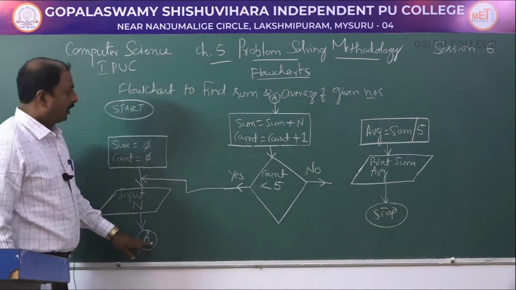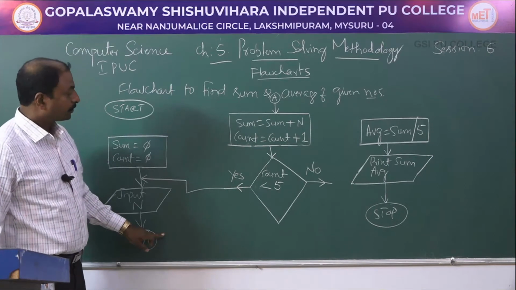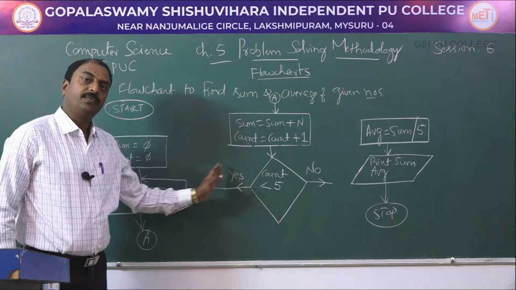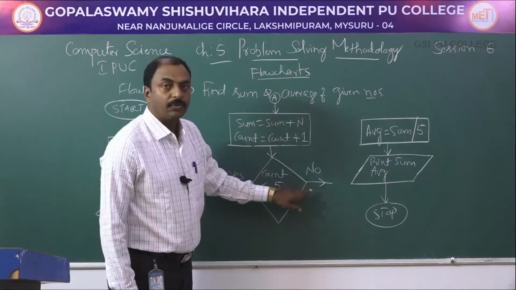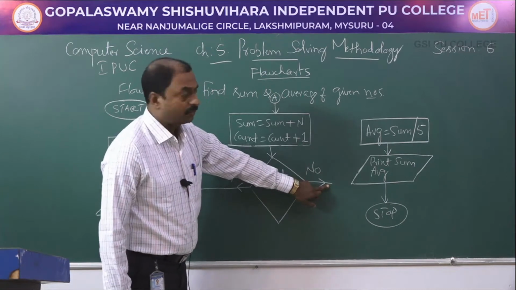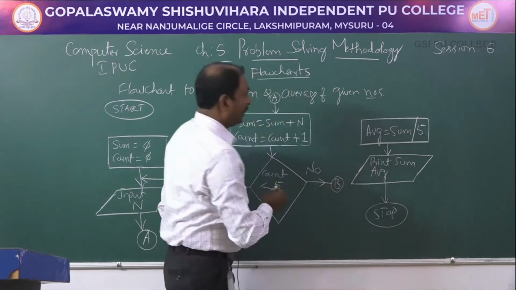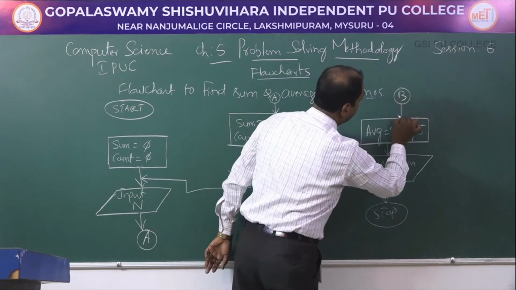We are using the circle for connecting the flowchart written on different parts of a page or different places. So after this step, I have to connect this branch also. I can use one more connector here. I am using B here. So I am connecting this.